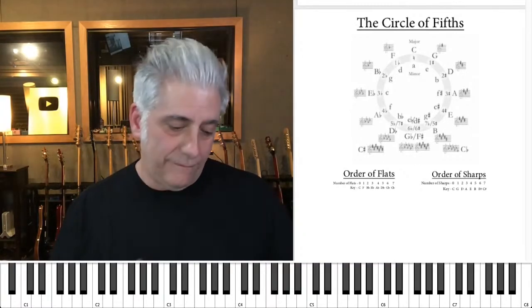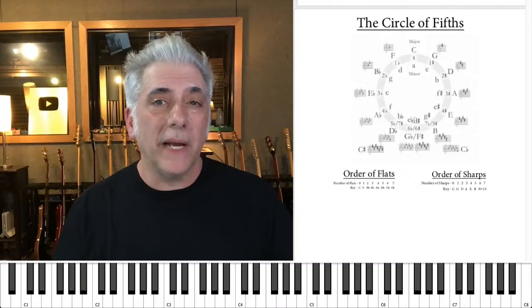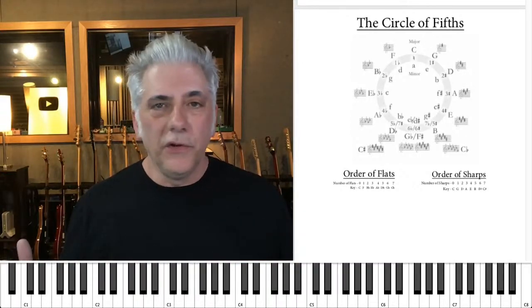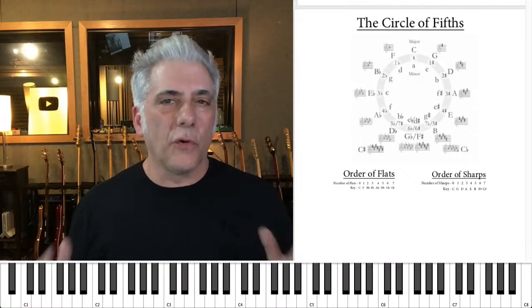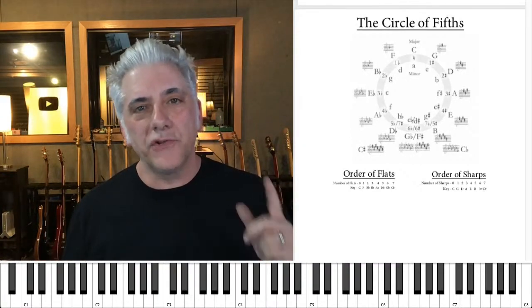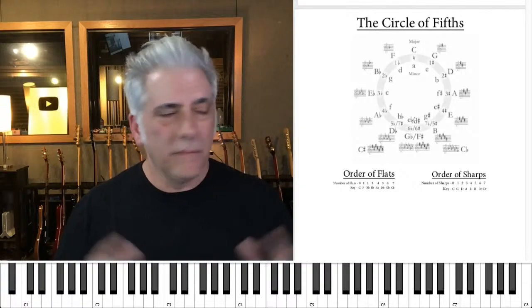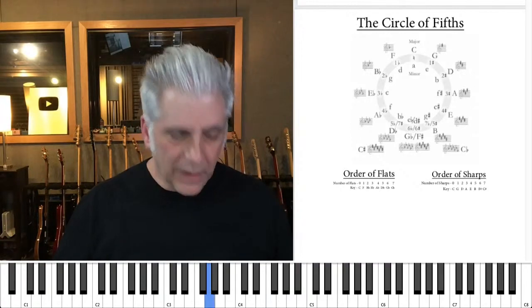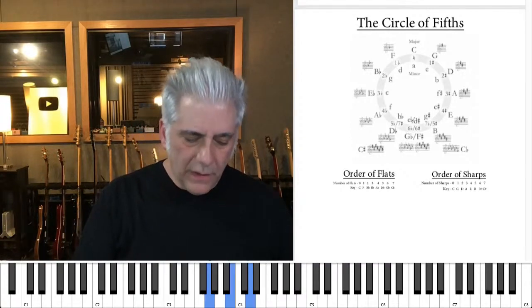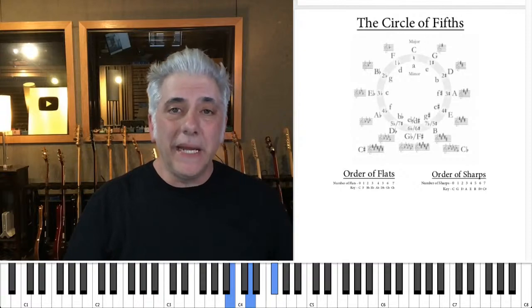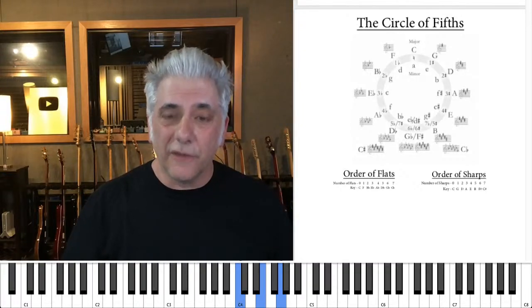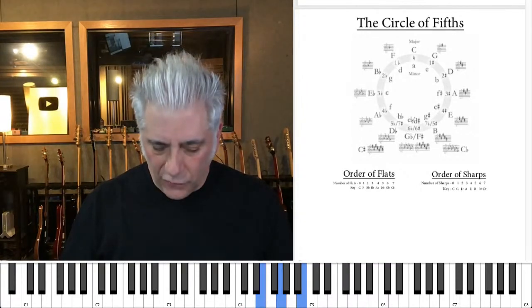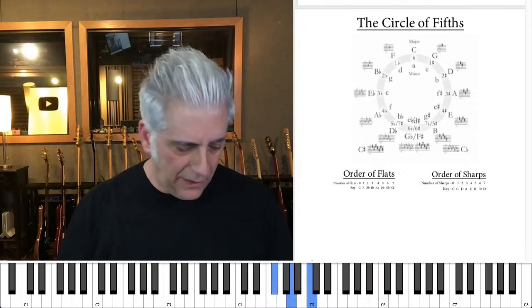Well, what are the chords? G major, A minor, B minor, C major, D major, E minor, F sharp diminished. You just plug in this chord formula: major, minor, minor, major, major, minor, diminished. Once you know the scale, G major, A minor, B minor, C major, that's the 4 chord, D major is the 5 chord, E minor is the 6 chord, F sharp diminished is the 7th chord.